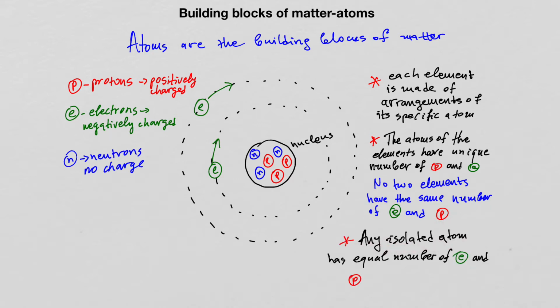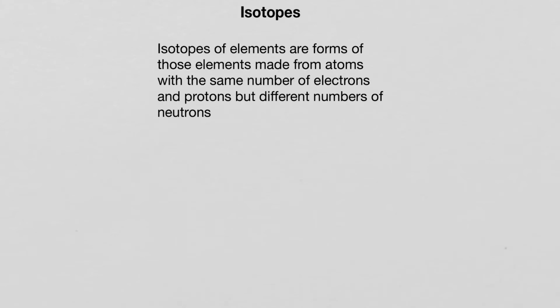Any isolated atom has an equal number of electrons and protons. Many of the elements in existence also have isotopes. What is an isotope? Isotopes of elements are forms of those elements made from atoms with the same number of electrons and protons, but a different number of neutrons.